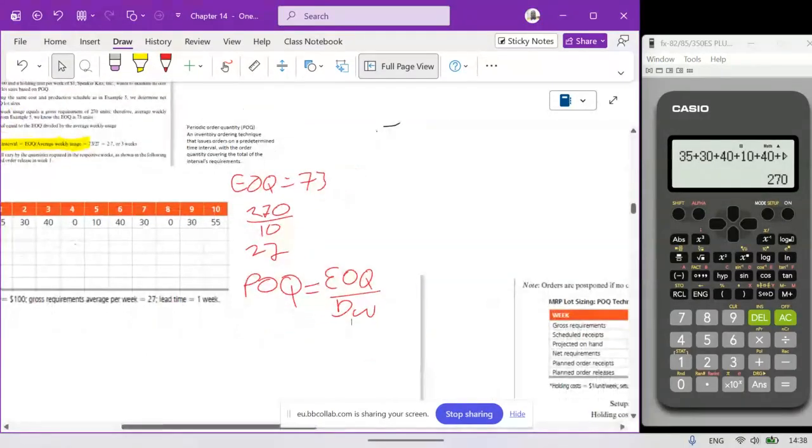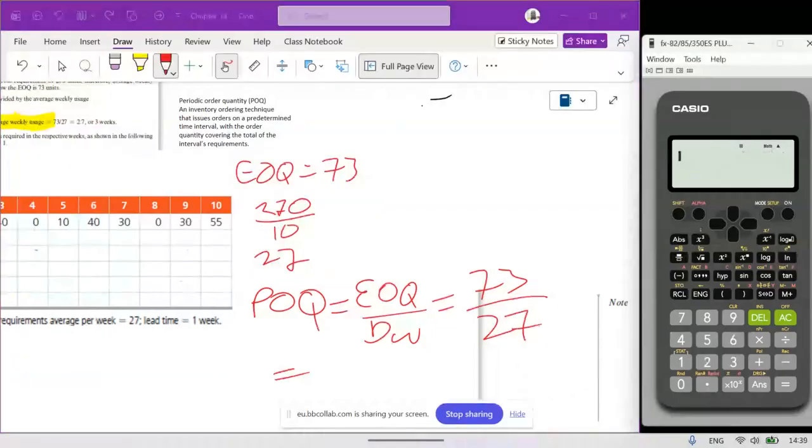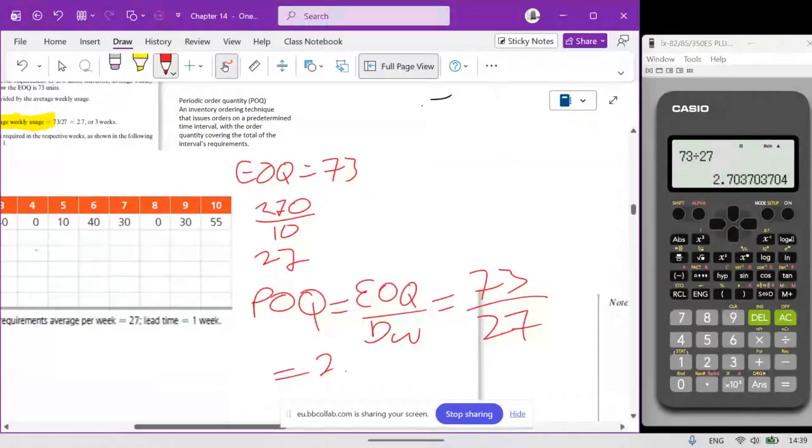We'll leave it like that. 73 over 27. You want to get a number there, and the number is 73 divided by 27, which is 2.7. So this is a rate at which you must order in terms of weeks.